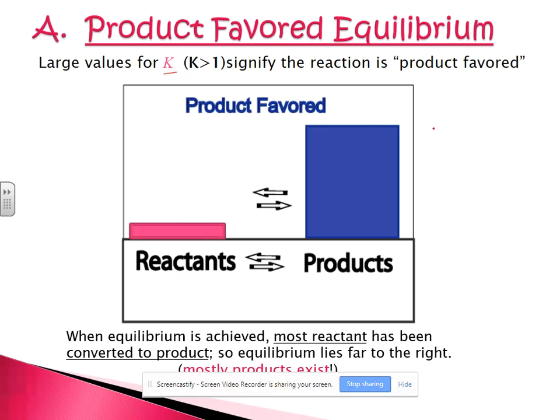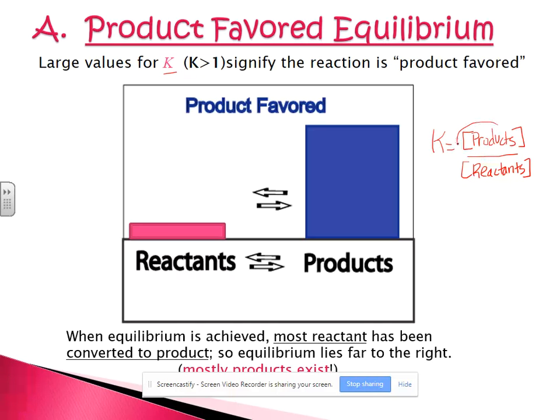Think about it. When we calculate K, K is determined by taking the concentrations or the pressures of your products, and then that's divided by the concentrations or the pressures of your reactants. So if you're going to end up with a value greater than 1 for this quotient, the numerator is going to have to be larger than the denominator.